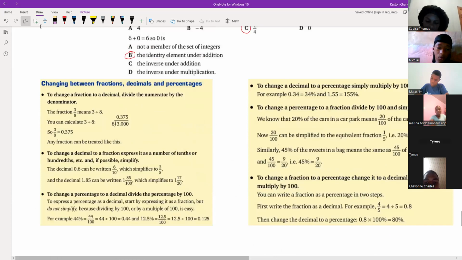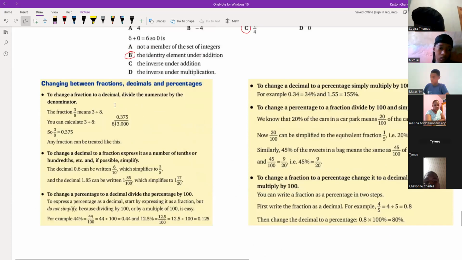Right, so let's talk about changing between fractions, decimals, and percentages now.